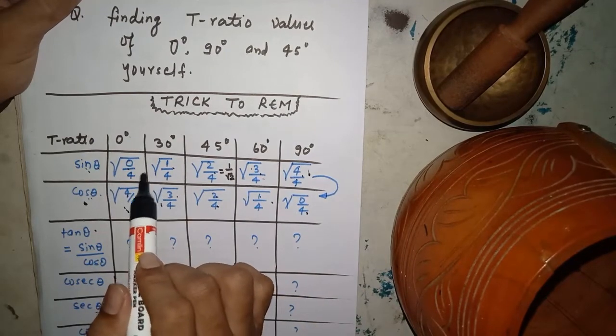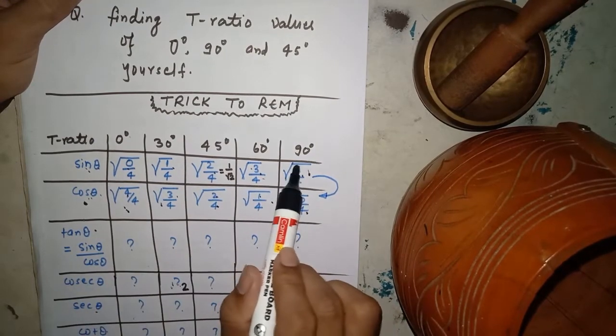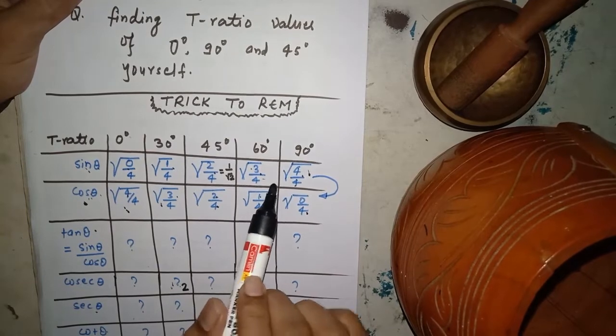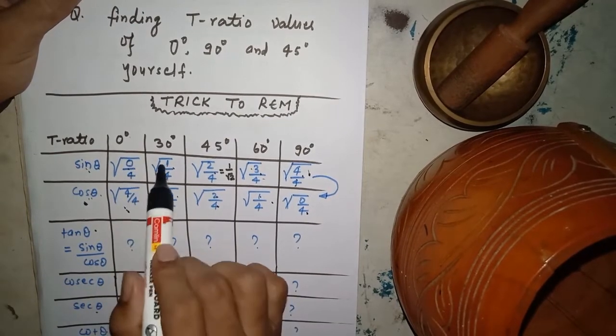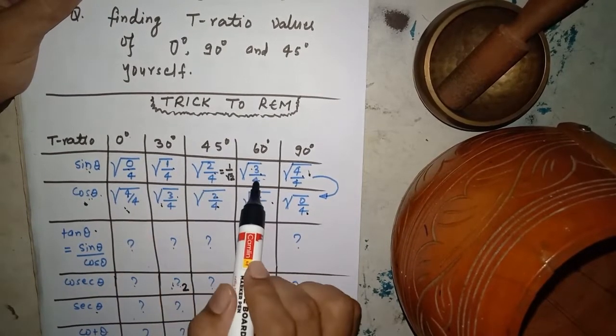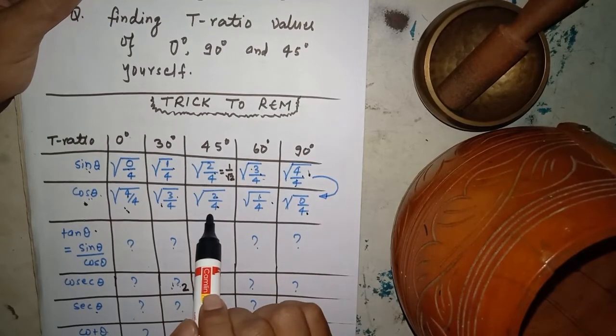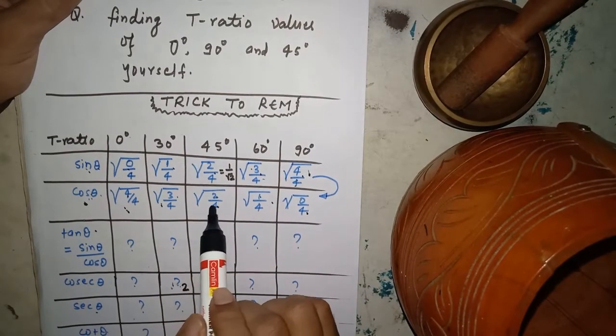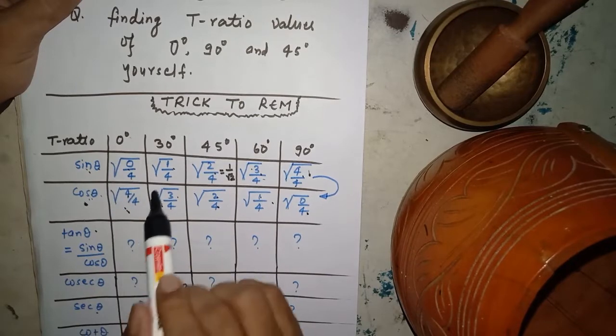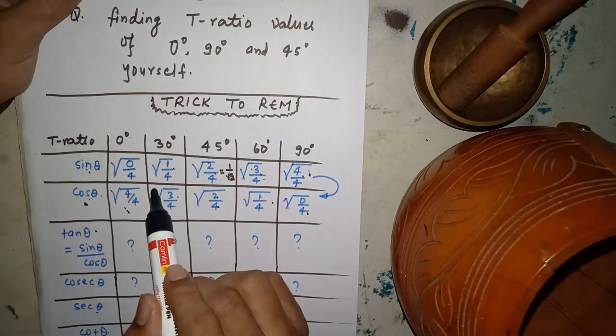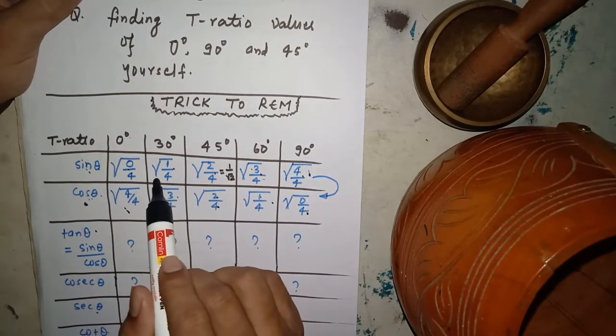Now divide it by 4, because the maximum reaches 4. So I am dividing 0 by 4, 1 by 4, 2 by 4, 3 by 4, 4 by 4. After that you have to take the square root of it.